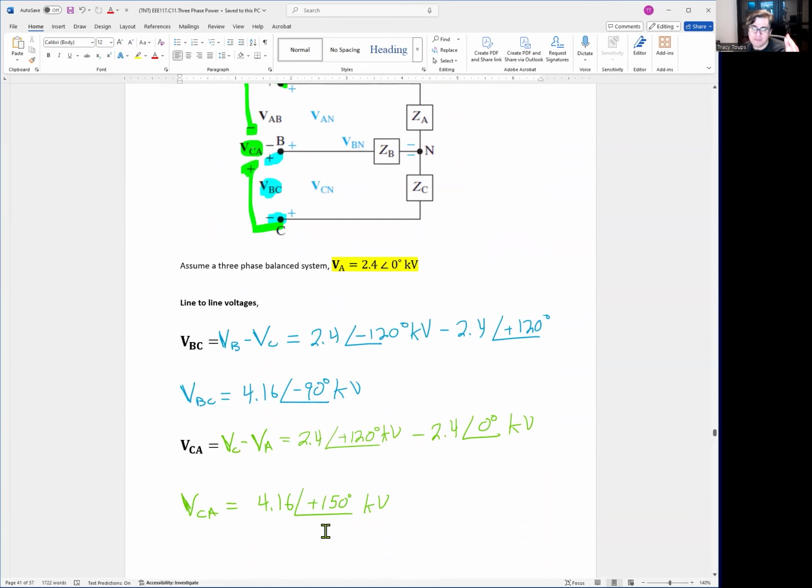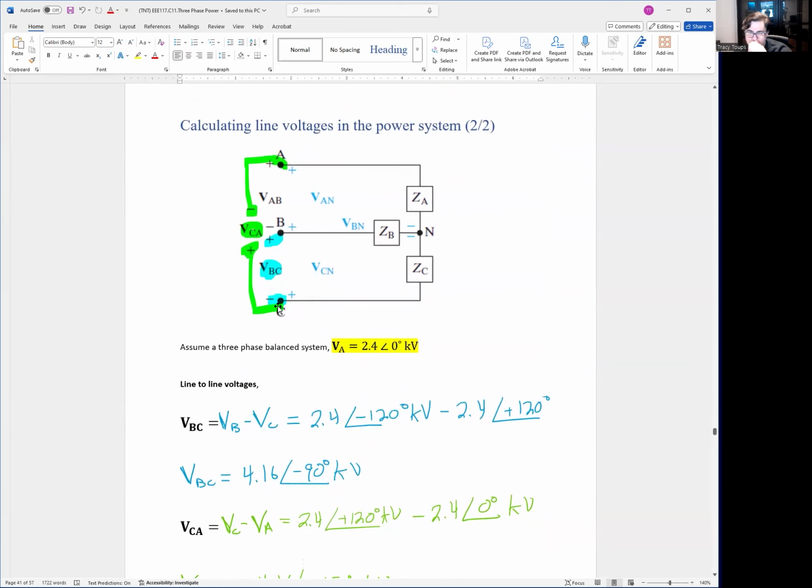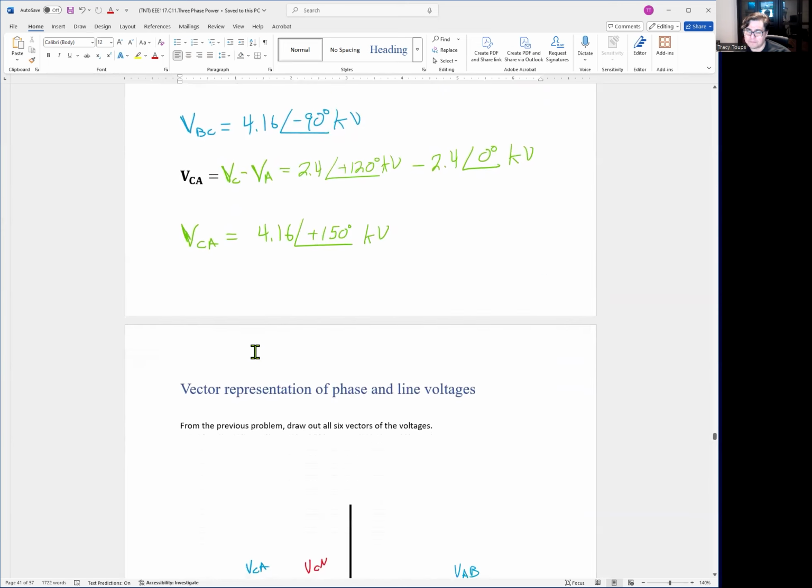So VAB, VBC, VCA have the same properties of balanced systems. 120 degrees apart, same magnitudes, okay? And remember, this is the voltage between the two phases, it has nothing to do with the neutral. Even if the neutral is drawn here, we're not talking about neutral here. We're talking about the voltages on the power system, okay?